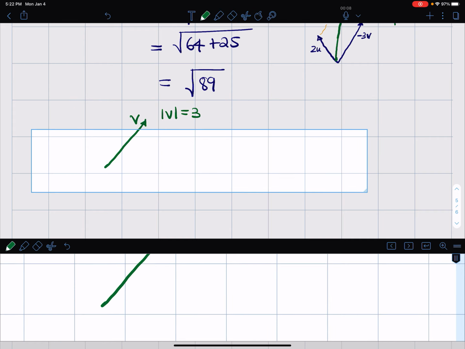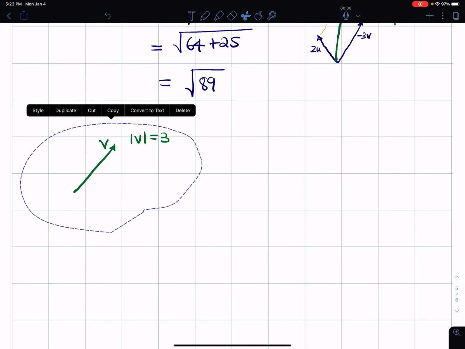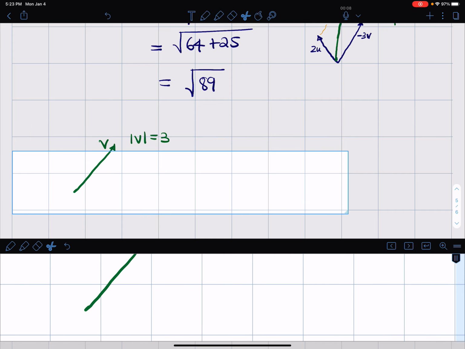The unit vector in the direction of v is the vector whose magnitude is just 1 unit.